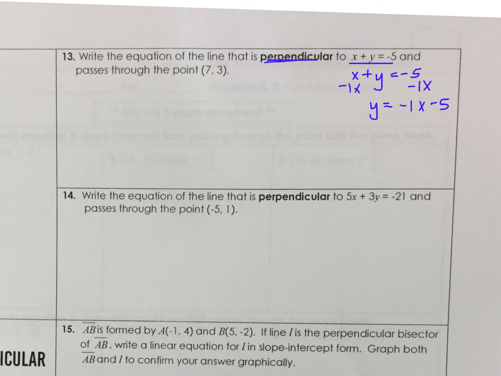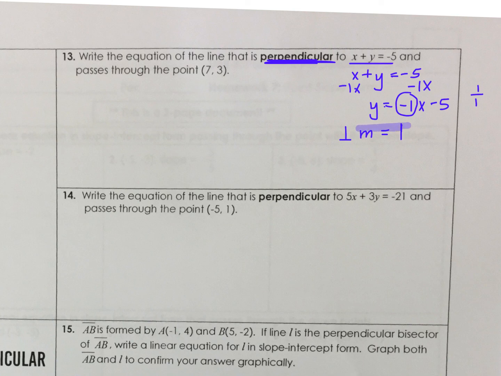Okay, but it says perpendicular, so here's my slope. My perpendicular slope is going to be opposite, so that one's negative, mine will be positive. And if I flip 1 over 1, it's still 1 over 1. So my slope is just a 1.